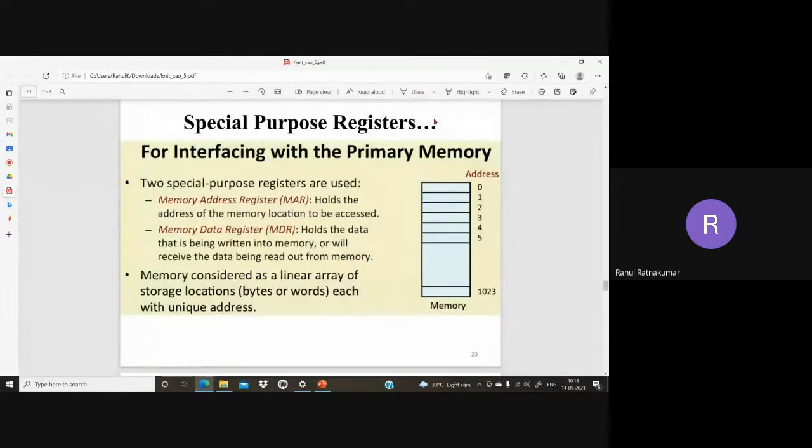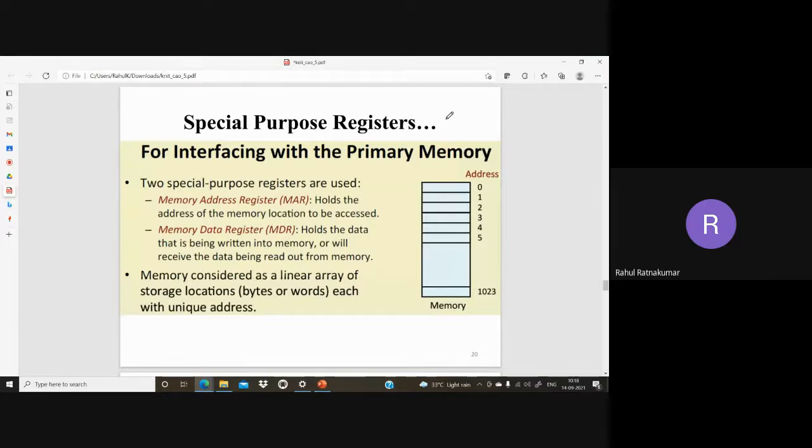Now special purpose registers. This is another topic. I think we don't have time for discussing this fully. Especially for memory operations, MAR and MDR. Suppose we want to access some data from the memory, the address from which the data has to be accessed has to be stored. The address is stored in MAR, and the temporary data which is to be accessed is temporarily stored in MDR.